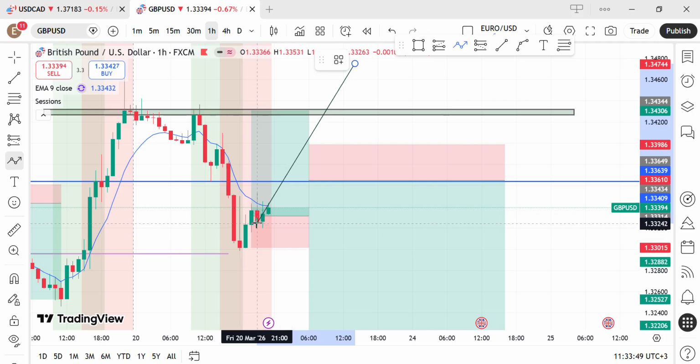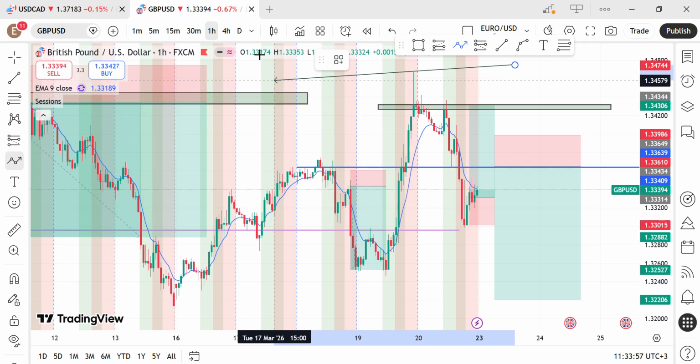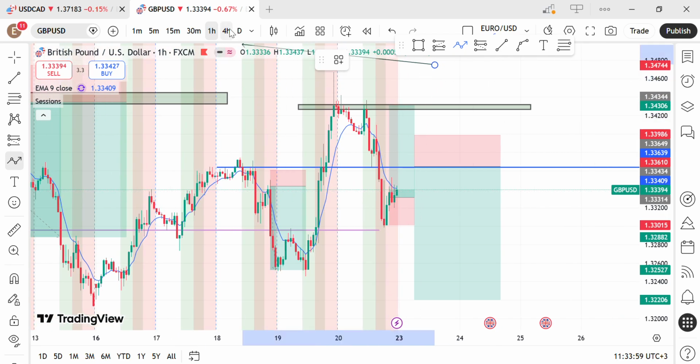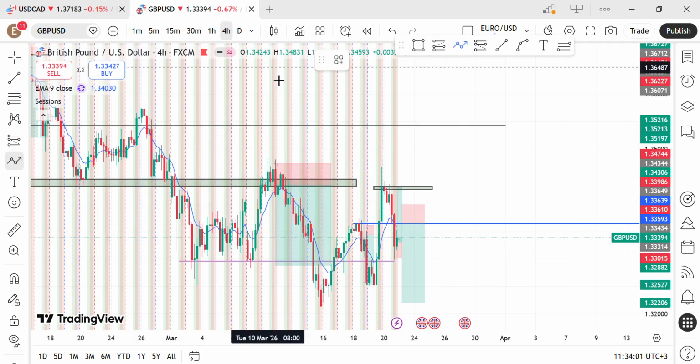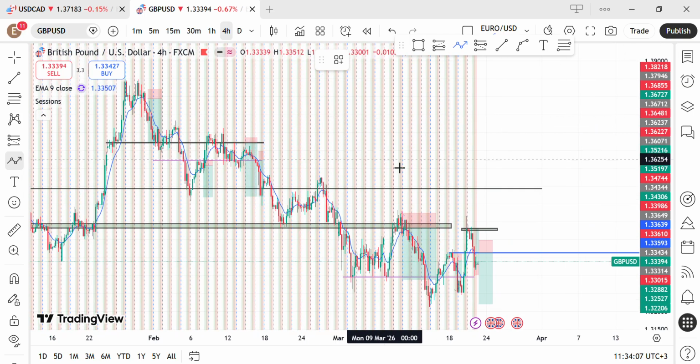Now how sure am I that the market will buy all the way up here? I do not know. Even though the higher time frame indicates it should buy all the way, breaking this level and overall changing the trend to an uptrend, even potentially reaching 1.38391.